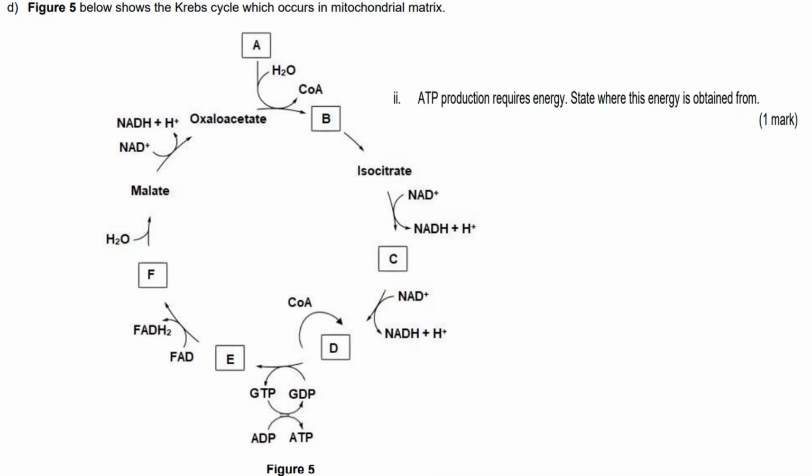Question D2. ATP production requires energy. State where this energy is obtained from. In order to form ATP from inorganic phosphate and ADP, a form of energy has to be inserted into the reaction to make a bond between inorganic phosphate and the molecule ADP. So where does this energy come from?